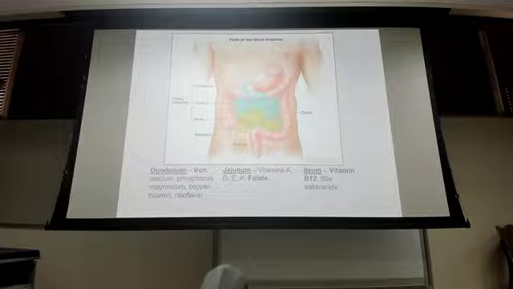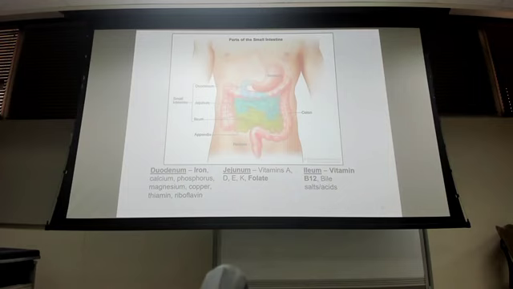But you can see where iron is supposed to be absorbed, and folate and B12, in the duodenum, the jejunum, and the ileum. And so when we get signs and symptoms of those deficiencies, well, it tells us what part of the small bowel we probably are having our issue in. Or if we get all of them, then it's probably affecting the entire small bowel.